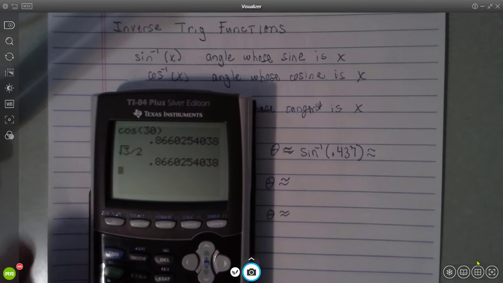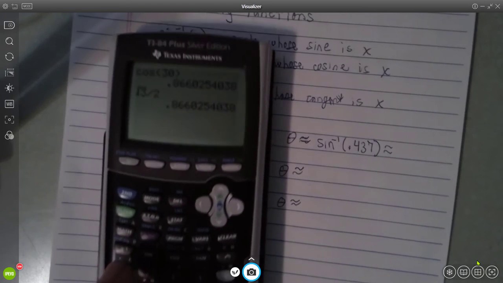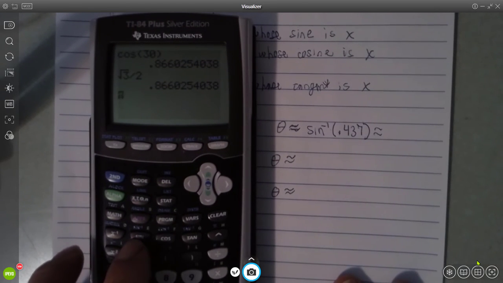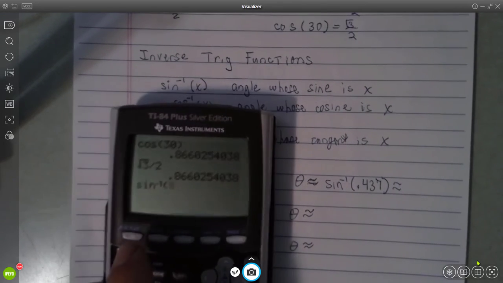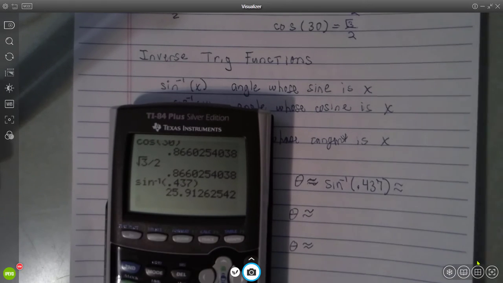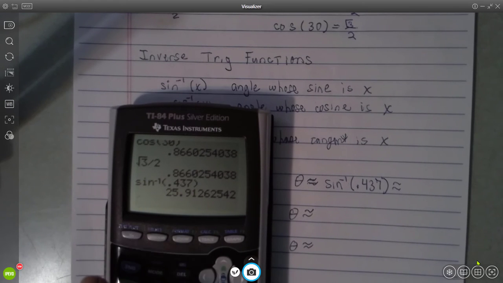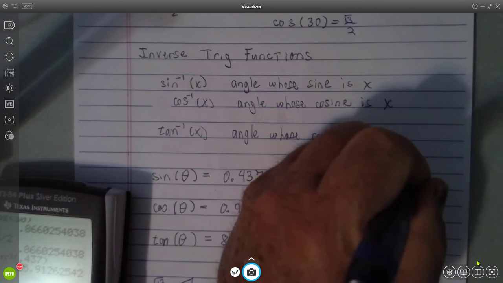I know that the angle has sine 0.437, so you press the second key, and then choose the inverse sine function right above the sine. Inverse sine of 0.437 is 25.91, meaning that the angle has measure approximately 25.91 degrees.